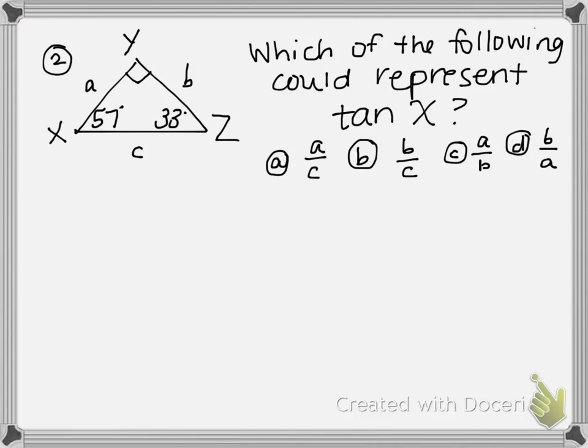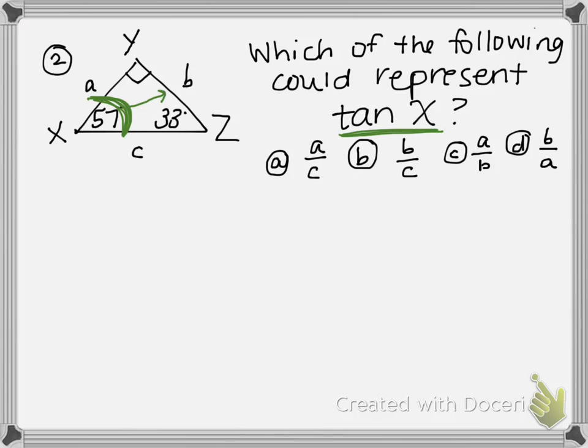Alright, so let's look here. We have our answers, and we're trying to figure out which one's true. So we're using tangent of X. So from this angle, we're looking at our tangent of that angle. Well, tangent, we know, is opposite over adjacent.